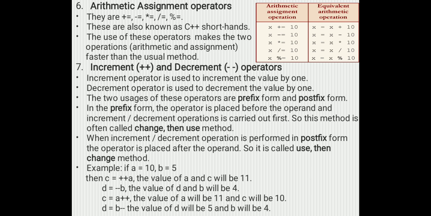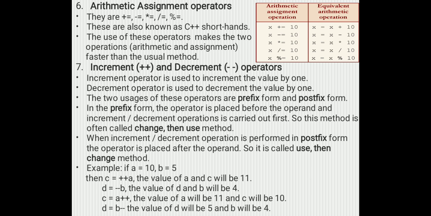So first we use the value of A, which is 10. Then A is incremented, 10 plus 1, 11. So the value of A will be 11, but the value of C will be 10, because first we use that value, A plus plus, and after use then change, the value of A is incremented by 1. So the value of A will be 11 and C will be 10.